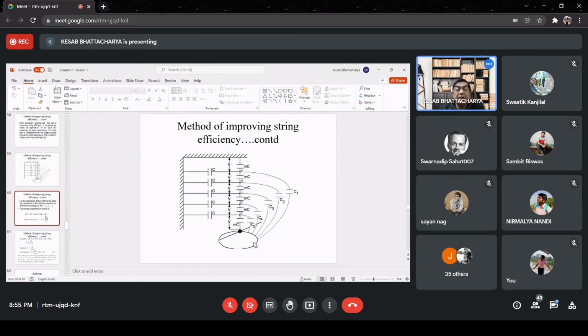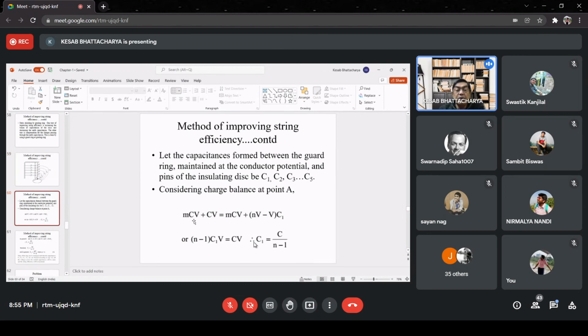That is what is written over here. M into CV plus CV, those are the outgoing charges. That is equal to MCV plus (N-1)V into C1, from where we can write C1 is equal to C by N minus 1.